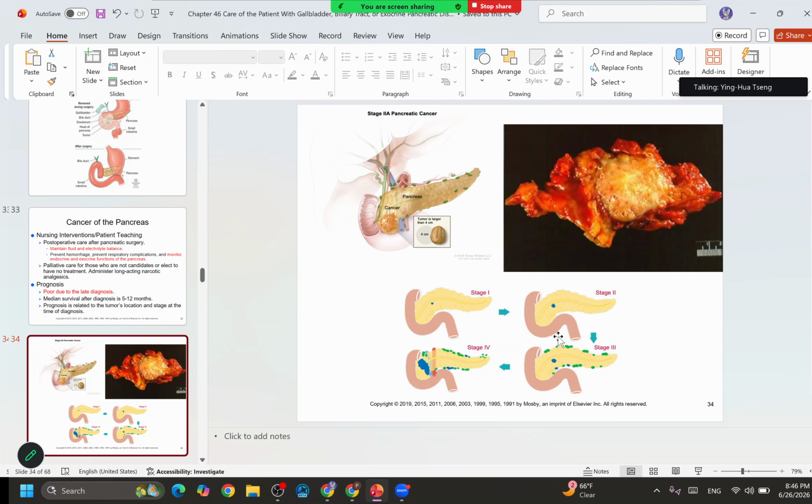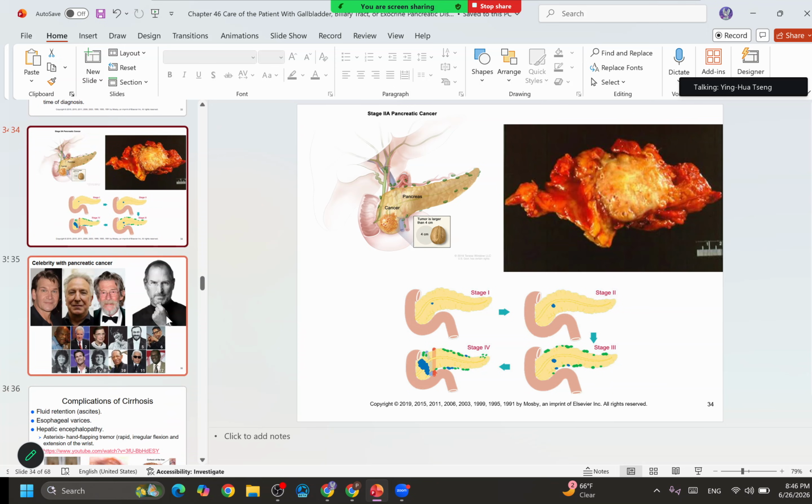So let me do some more exams. Eventually they will find it, okay, it's your pancreas. See the stage 3 here already has so many spots, and you can see stage 4 becomes bigger. All right, and you can see this is totally pancreas cancer. See how the cancer in the middle, the yellow one, how big? It's all twisting already.